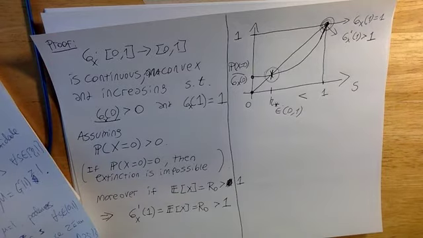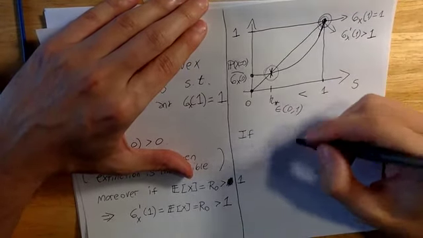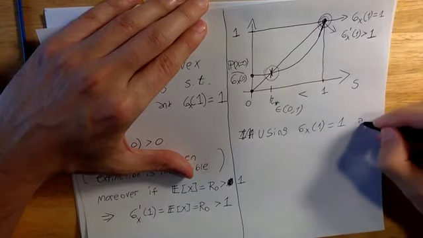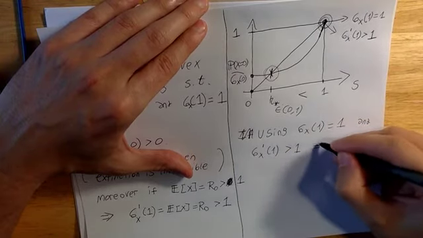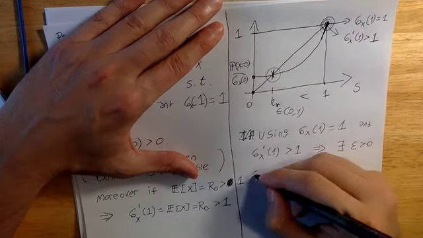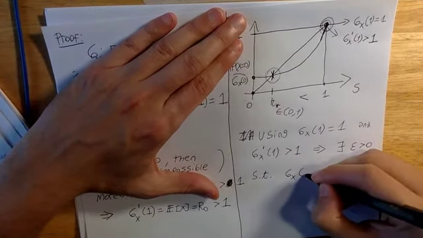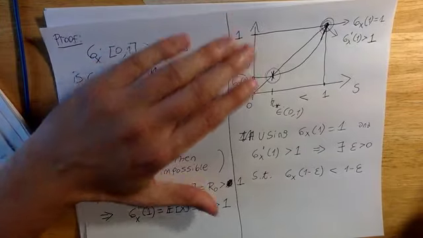Okay, and so basically, if we want to prove this, using g x of 1 is equal to 1 and g x prime of 1 is larger than 1, it implies that there exists an epsilon positive such that g x of 1 minus epsilon has to be less than 1 minus epsilon.